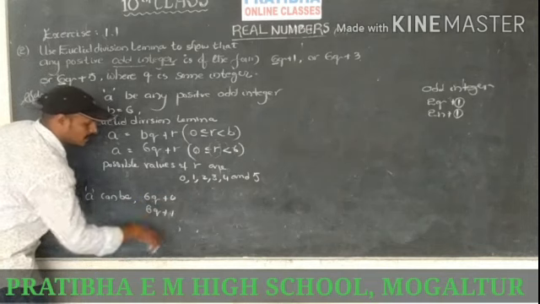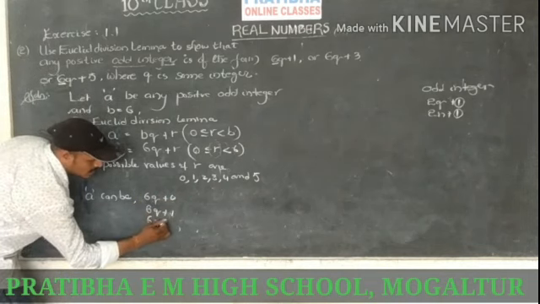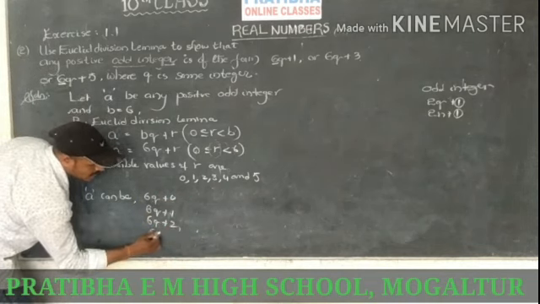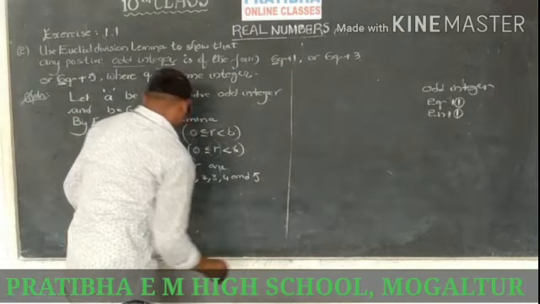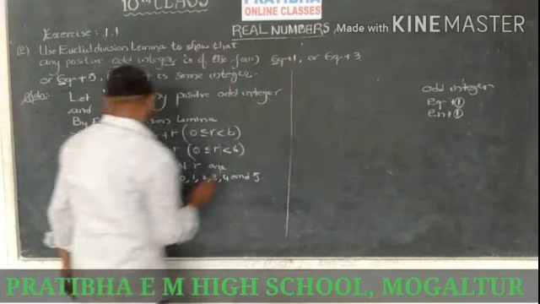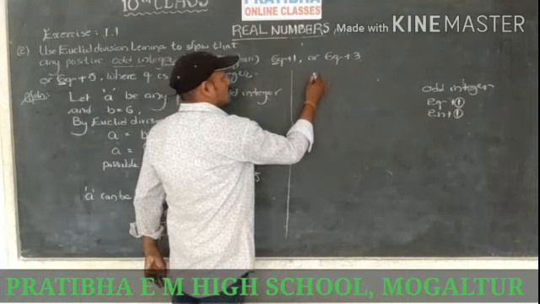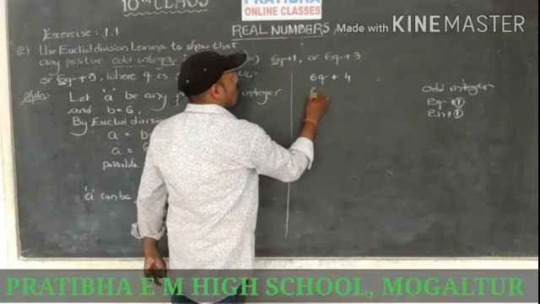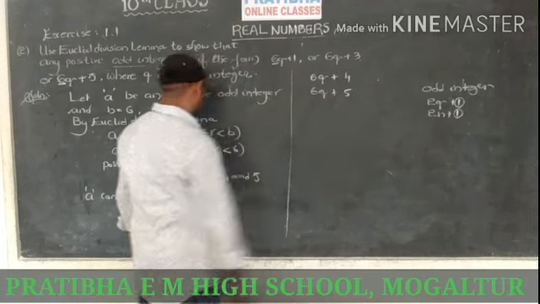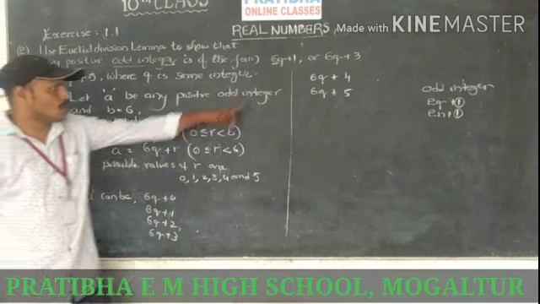If the remainder is 1, 6q plus 1, or 6q plus 2, or 6q plus 3, or 6q plus 4, or 6q plus 5. So these are the possible remainders.